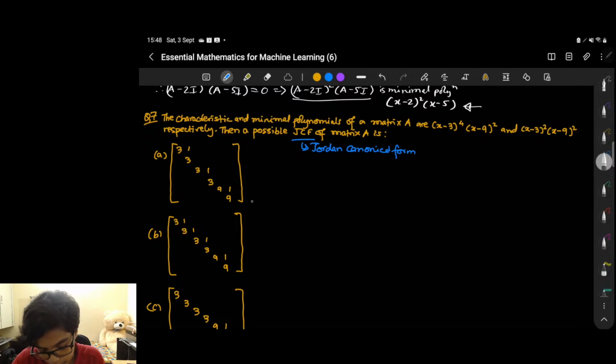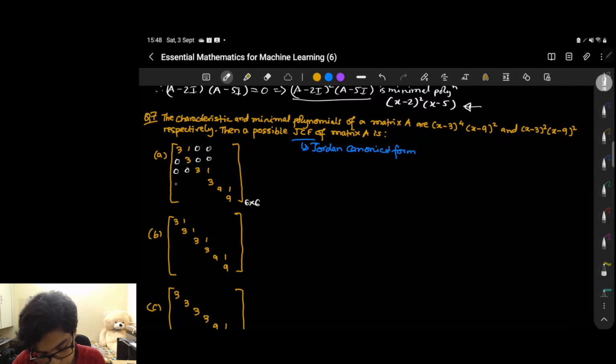You notice each of these matrices is a 6 cross 6 matrix, and the elements that I have not written are 0. It would be too tedious to write this, that's why I did not write it. All these blank spaces that are there are all 0.